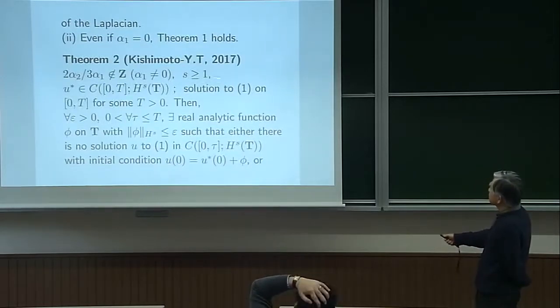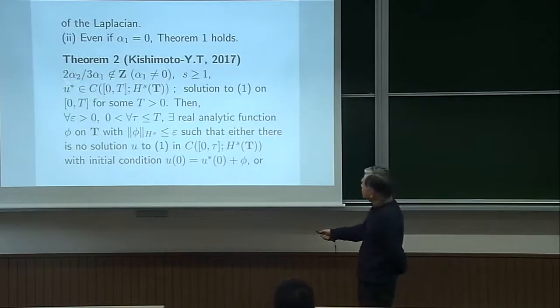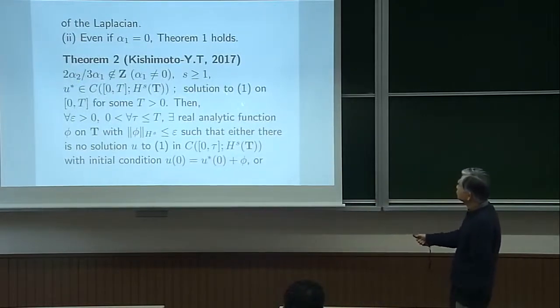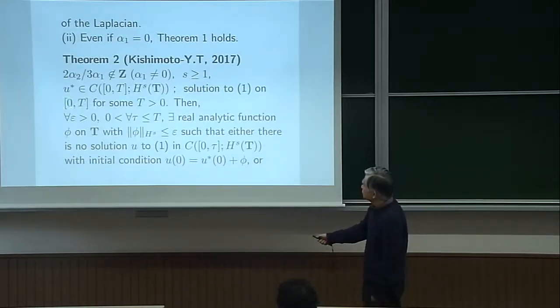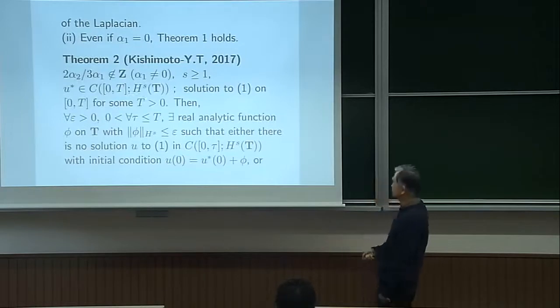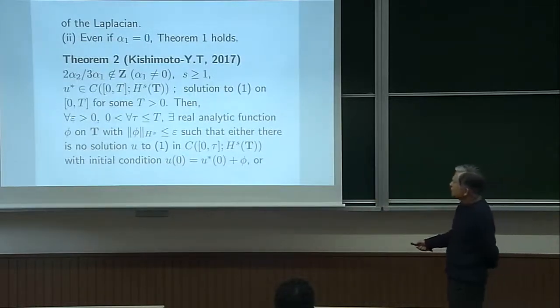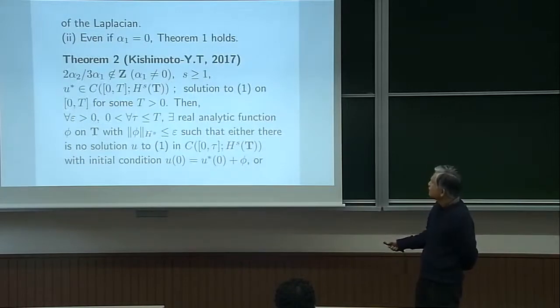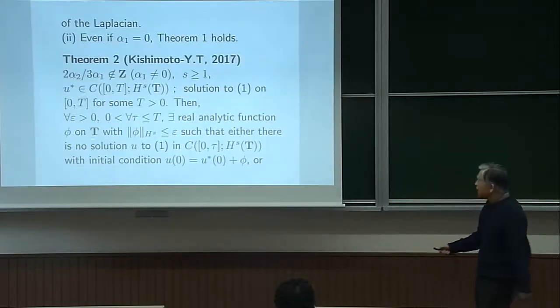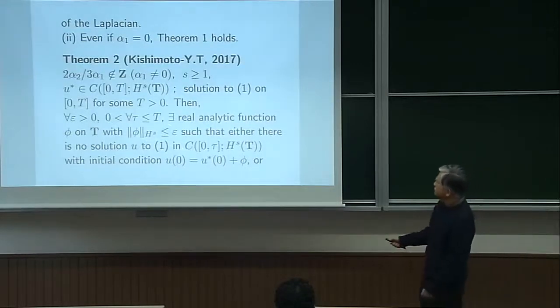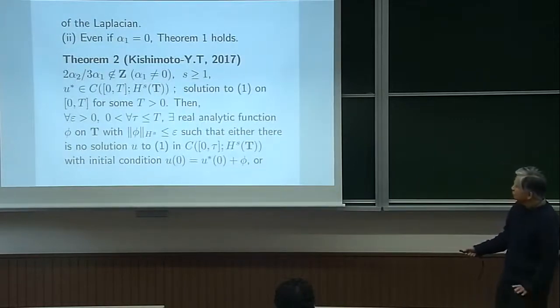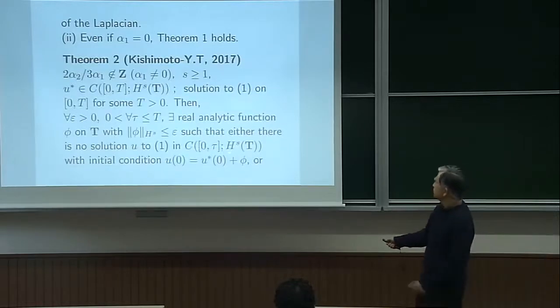Let S be larger than or equal to 1, and let U star be a solution to equation 1 on the time interval 0, T for some capital T. Then, for any epsilon positive and for any tau less than capital T, there exists a real analytic function phi with its HS norm less than epsilon, such that either there is no solution U to equation 1 in C0, tau to HS with initial condition U equal to U star 0 plus phi.